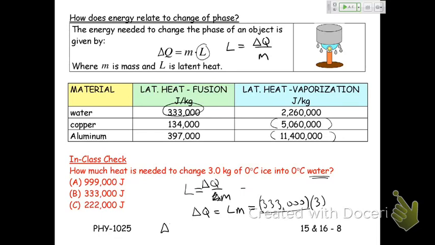So delta Q is equal to 999 joules. So if you want to keep an idea of 1,000,000 joules of energy, vaporize 3 liters of water.